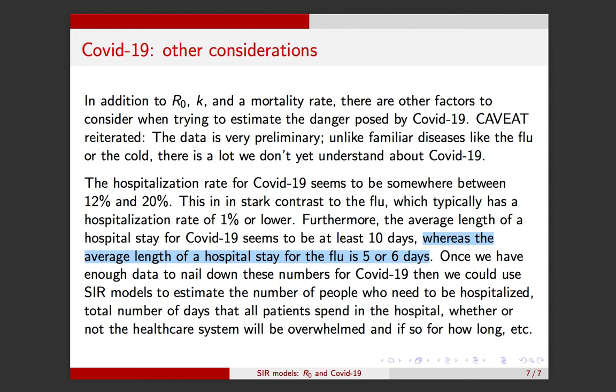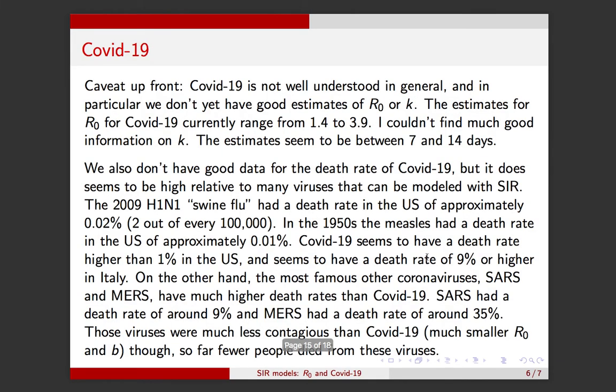So once we have enough data to nail down these numbers for COVID-19, then we could use SIR models to estimate things like how many people need to be hospitalized, total number of days that people will spend in the hospital, if the healthcare system will be overrun or not, and so on. One thing, by the way, I should mention that we just don't know yet about these death rates. So a death rate, of course, is partially an intrinsic property of the disease, like some diseases are deadlier than others.